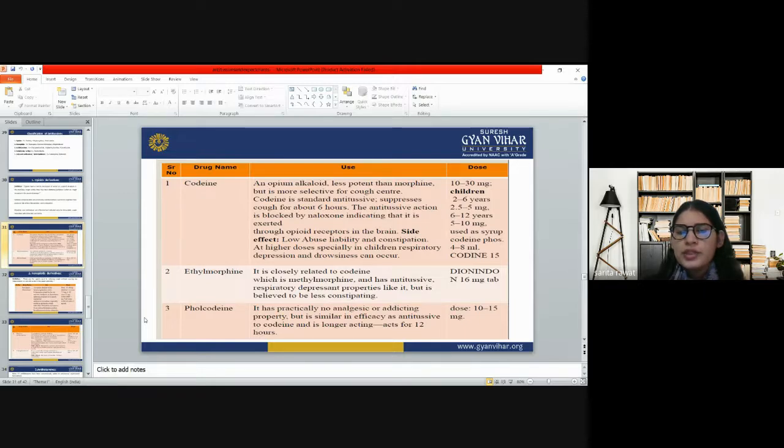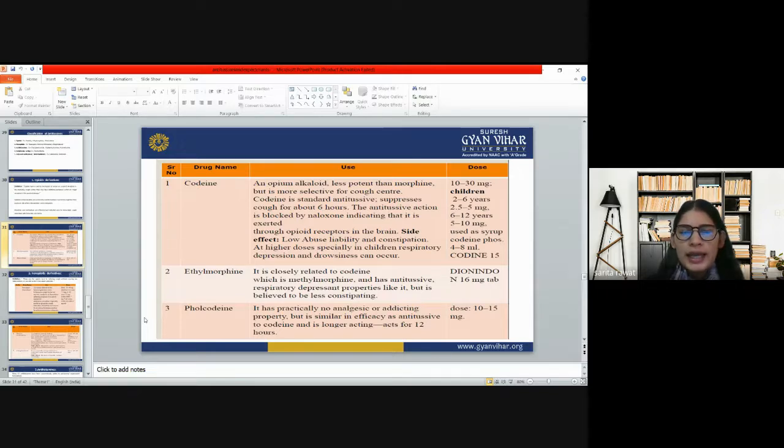At higher doses, especially in children, respiratory depression and drowsiness may occur. The dosing of codeine in children is 2 to 5 years 2.5 to 5 mg, and 5 to 10 years 5 to 10 mg, used as codeine phosphate syrup, 4 to 8 ml, and the brand name is Codeine 15.